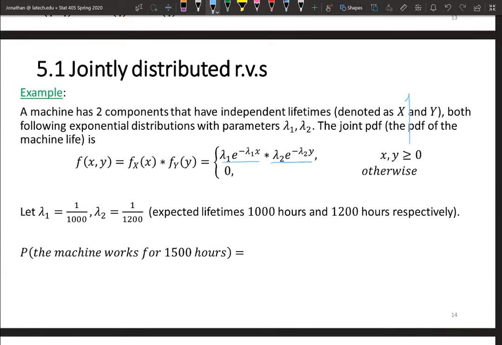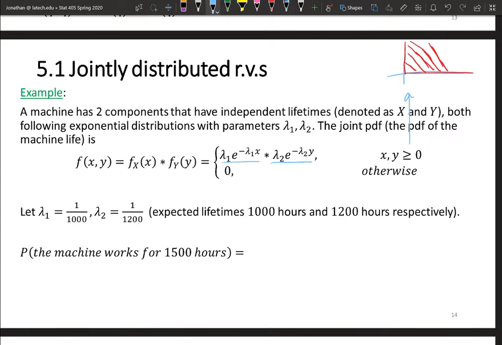Well, what is this region? Well, x and y are just both greater or equal to 0. That's anything that's up here in the first quadrant. So basically anything in the first quadrant, including this axis and this axis. So that's the region of integration, or that's the region of definition.